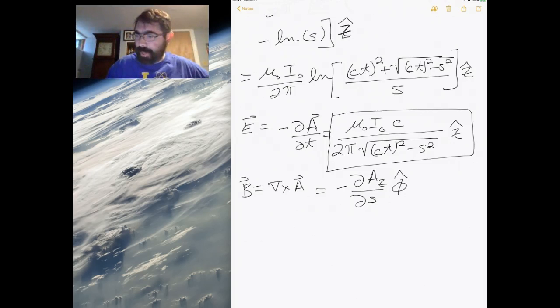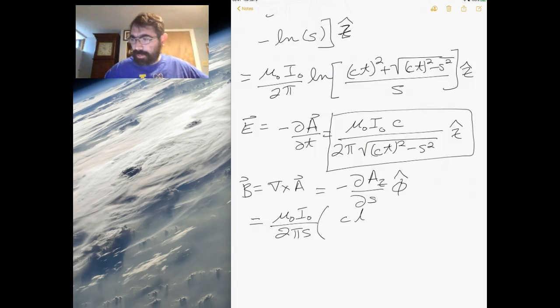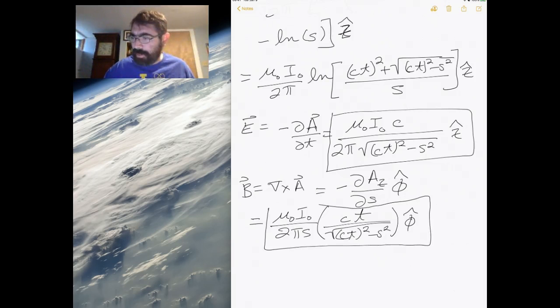If you evaluate that, you get mu 0 I 0 over 2 pi s times ct over the square root of (ct) squared minus s squared, in the phi direction. So now we've got our magnetic field. We've solved for the electric field. We have both of those components.